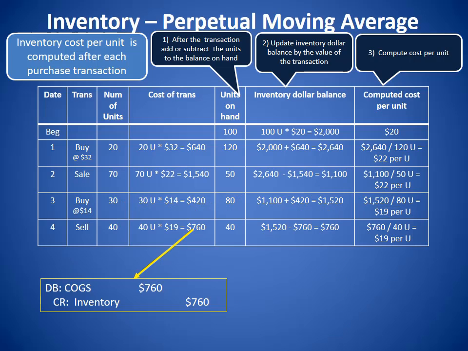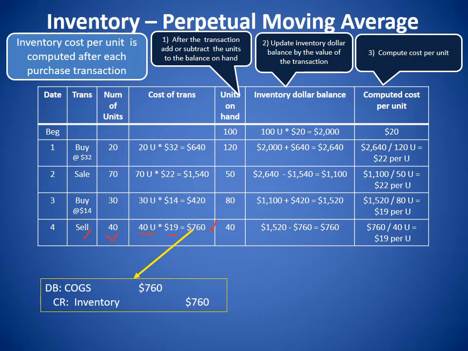Now let's look at the last transaction. In this case, we're selling 40 units. Since we're selling 40 units, the value of this transaction is going to be 40 units times our $19 cost per unit, which equals $760.